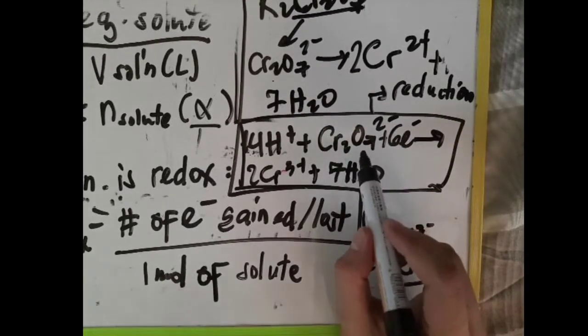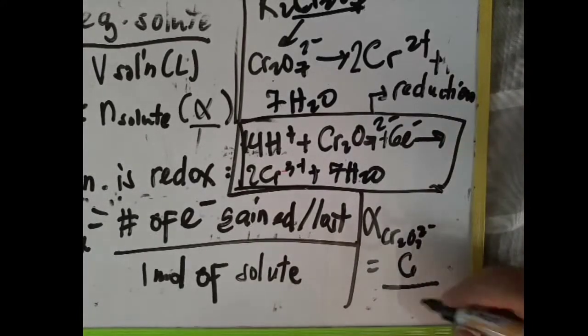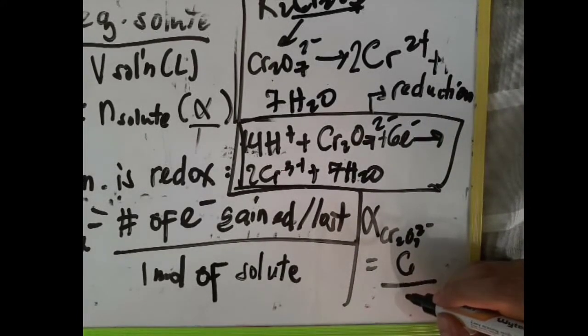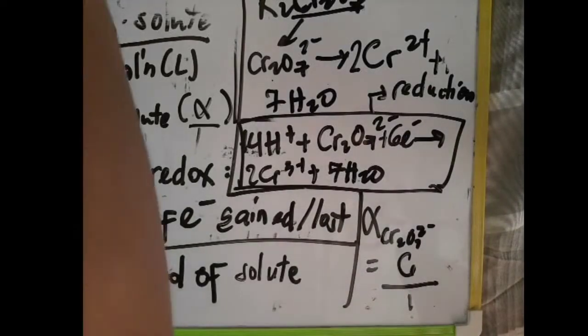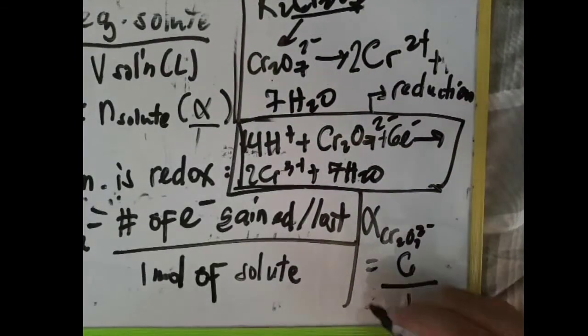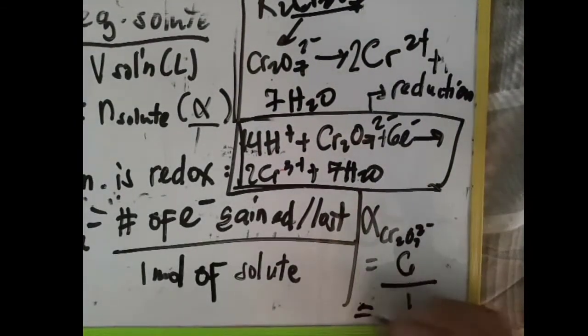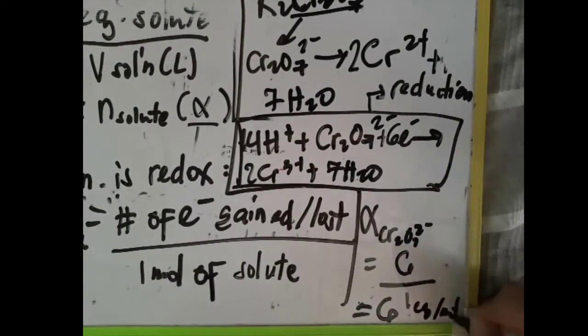Since the coefficient of dichromate here is only 1, the denominator here will be 1, okay? So the alpha will therefore be equal to 6 mole equivalents per mole of dichromate.